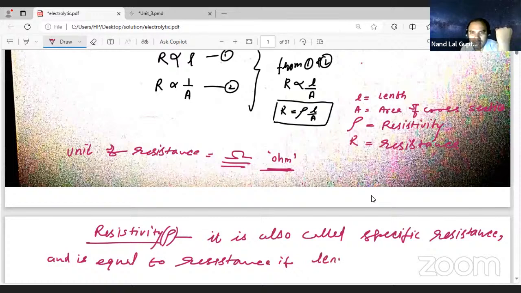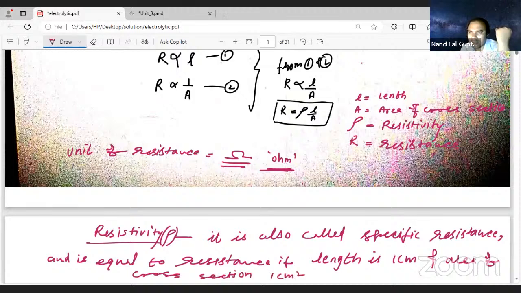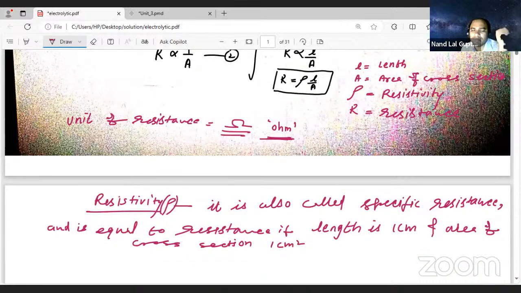I am writing, if the length is 1 centimeter and the area of cross section is 1 centimeter square. Either you can write 1 meter and 1 meter square.